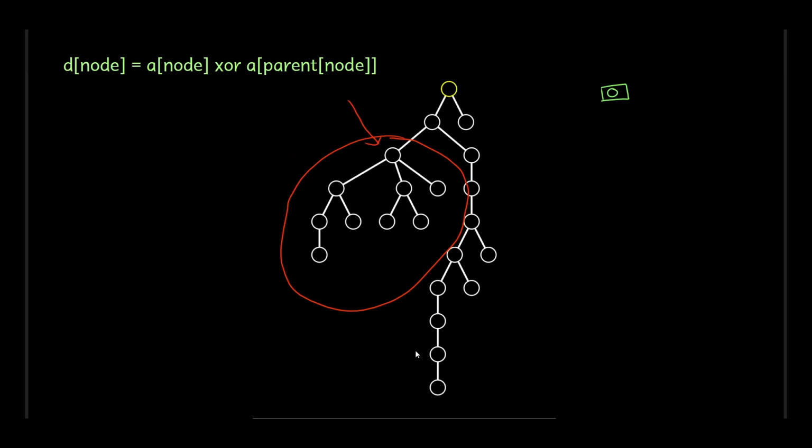So we are saying that the d value at this location is equal to the XOR of this and the parent, this. D value at this location is the XOR of this and this.